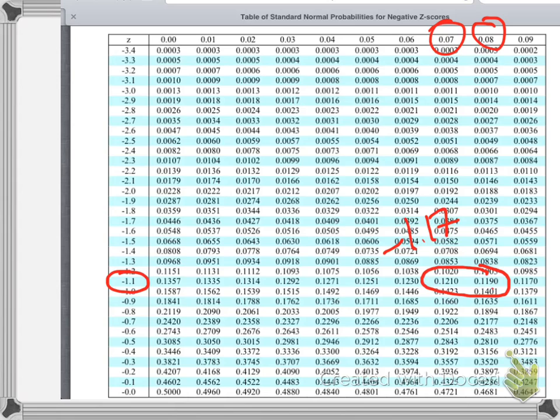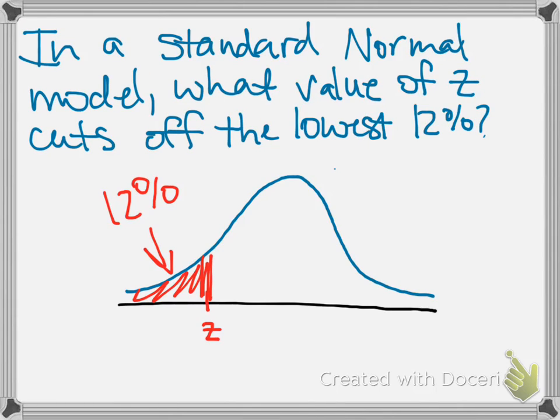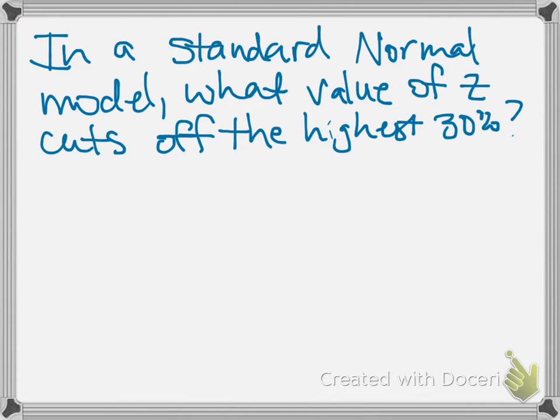And since 12% is smack dab in the middle between 12.1% and 11.9%, I can say that the z-score we care about is smack dab in the middle of those two z-scores I wrote down above, so it's negative 1.175. And so just like that, we've got our answer, negative 1.175. Let's try another example.